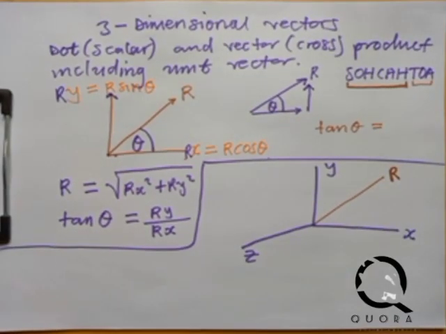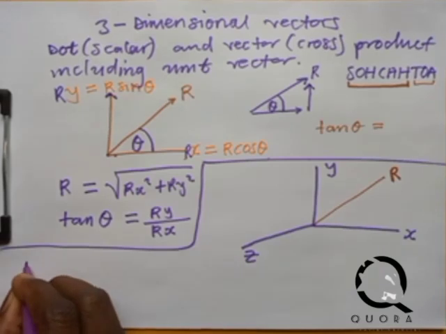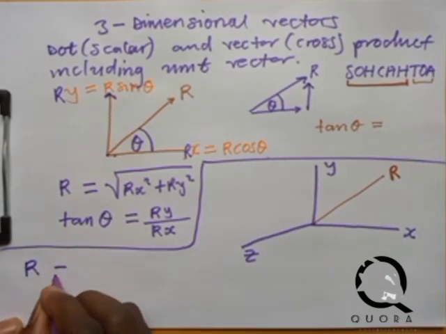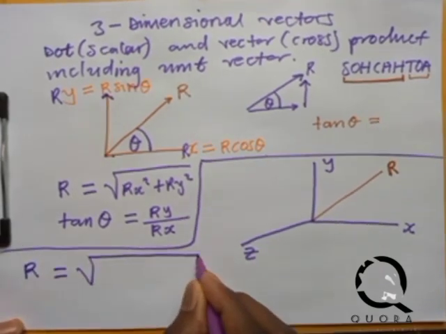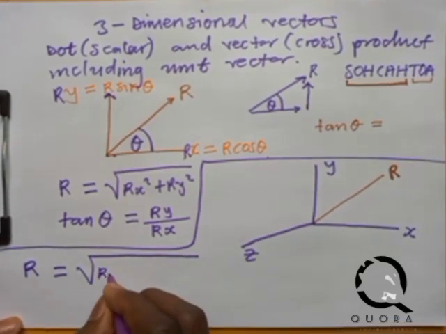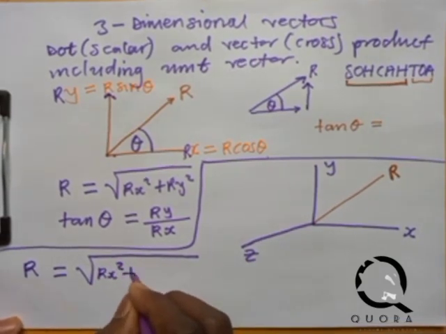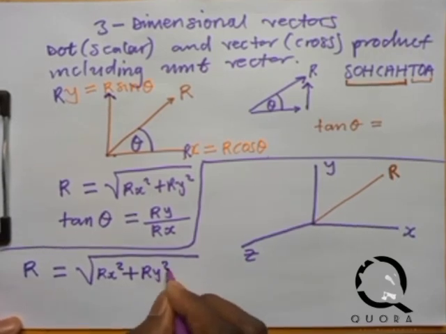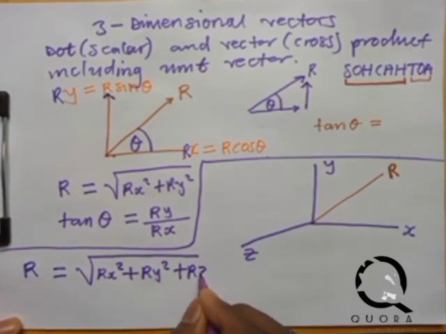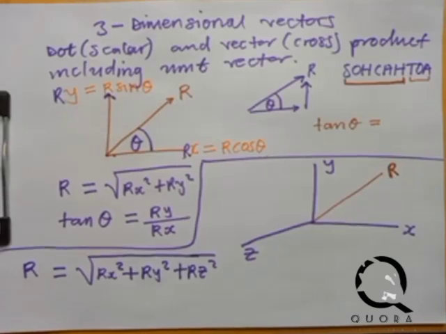Meaning that for three-dimensional vectors, our resultant is going to be r equals the root of rx square plus ry square plus rz square. That's how we find the resultant of a three-dimensional vector.